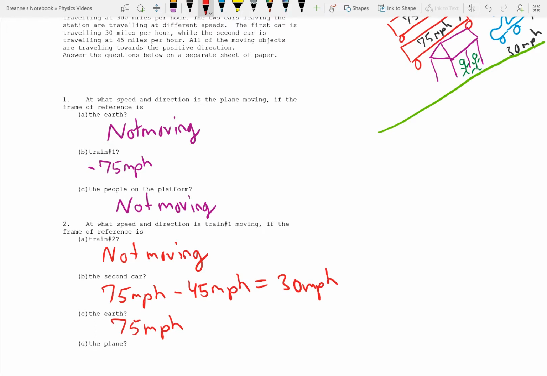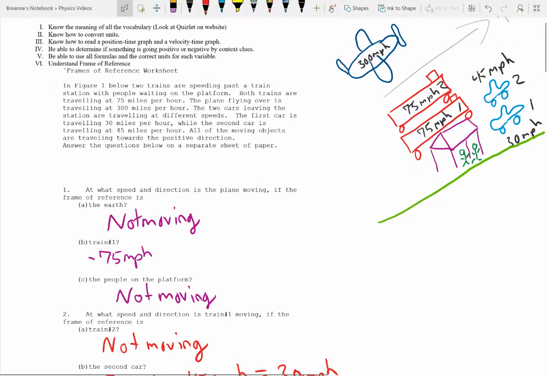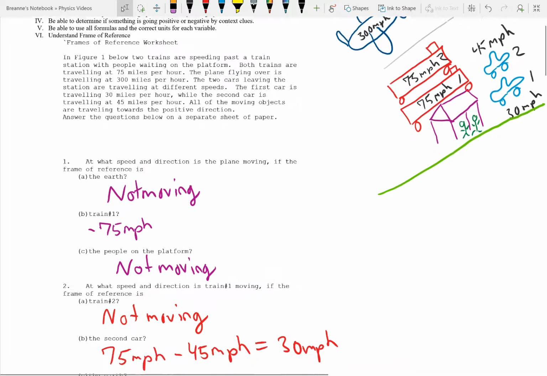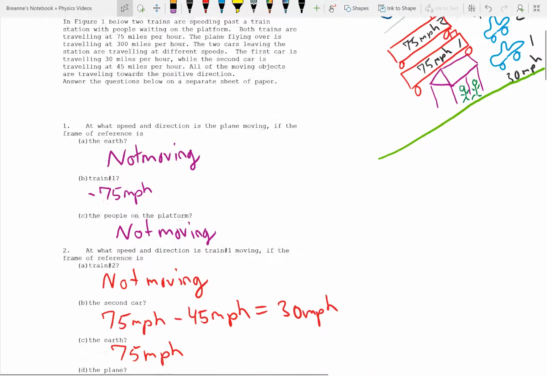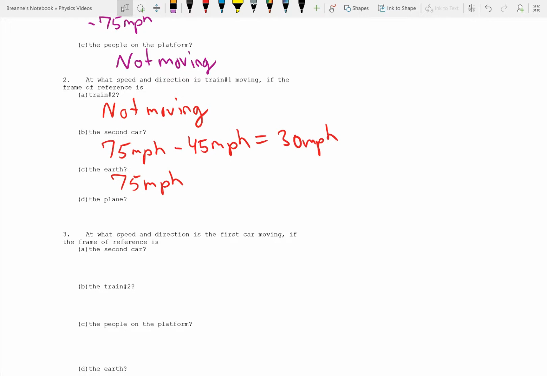Be positive. To the plane, now, we're all moving in the positive direction, but again, we have to subtract. We have to take the moving into consideration. So the plane is 300 miles per hour minus the train, which is 75 miles per hour.